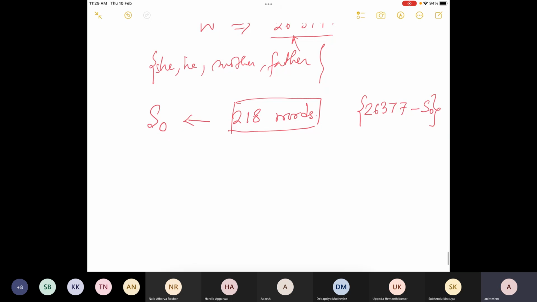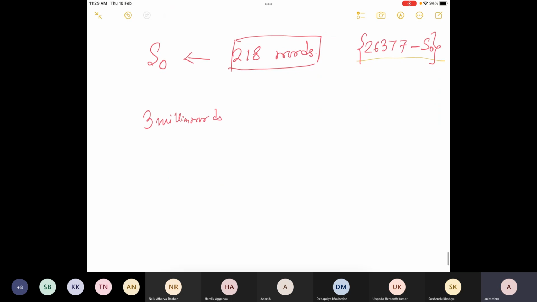Now, if you recall that the entire corpus was much bigger, so we did some pre-processing in order to arrive at this 26,000 words. So now they looked back into the entire corpus, which was kind of 3 million words.